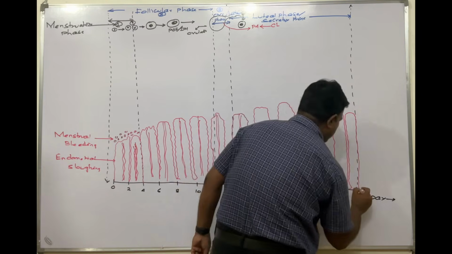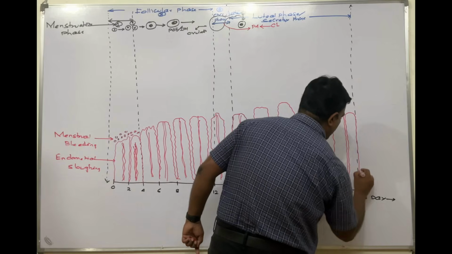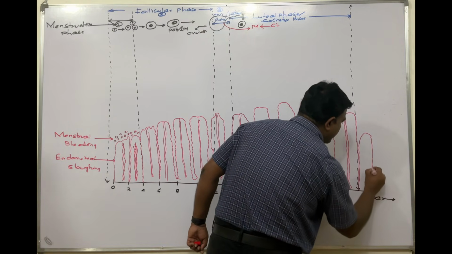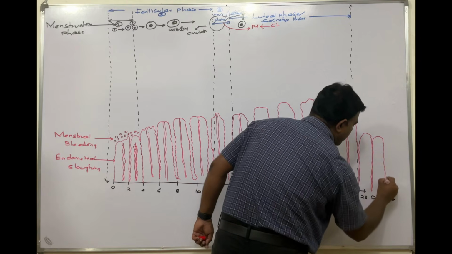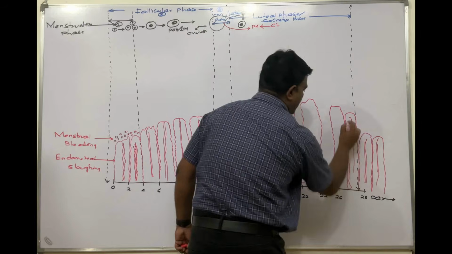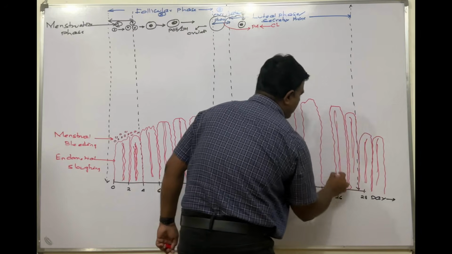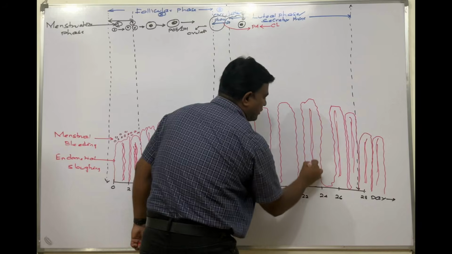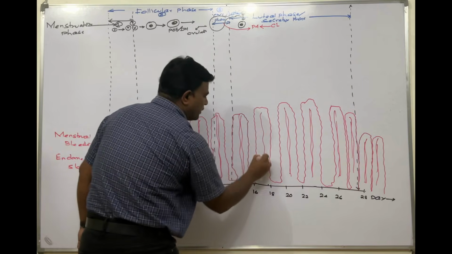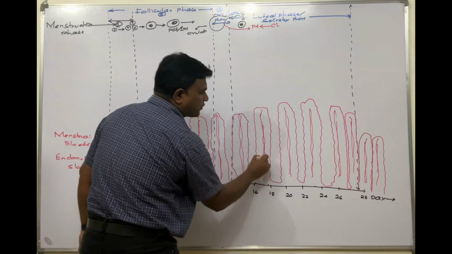So if I begin the cycle, I will go like this. Now from the beginning of the next menstruation, it is getting sloughed off. So these are the coiled spiral arteries. You can see the maximum growth of the endometrium. The endometrial glands show fantastic growth, and glandular muscular growth is going on.